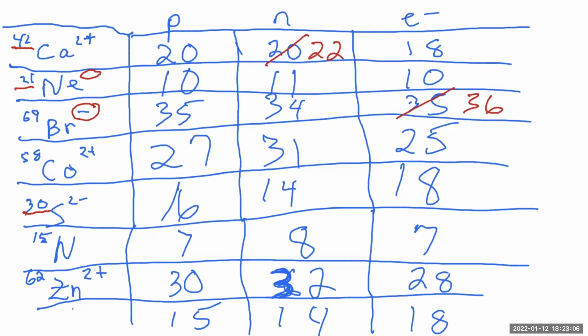P. P stands for phosphorus, which is fine. And then what's the mass number for phosphorus? 29. 29, perfect. And what is the charge on this phosphorus? -3. There are 3 extra electrons. Electrons have a negative charge.